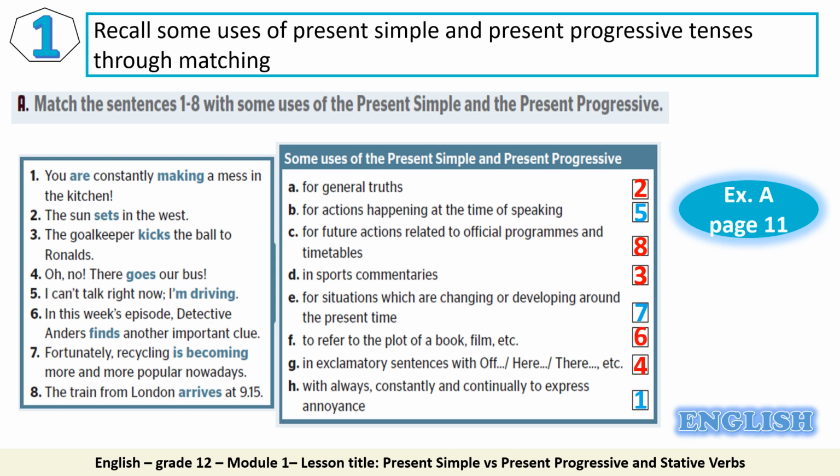Before moving on, let's recapitulate. We use the present simple tense for general truths, for future actions related to official programs and timetables, in sports commentaries, to refer to the plot of a book, film, etc., and in exclamatory sentences with of, here, there, etc. However, we use the present progressive tense to express actions happening at the time of speaking, for situations which are changing or developing around the present tense, and with always, constantly, and continually to express annoyance.